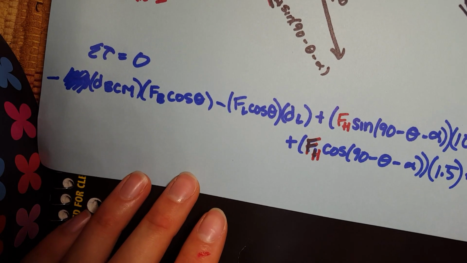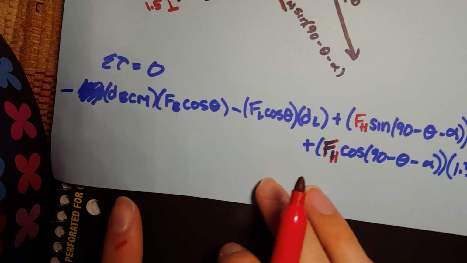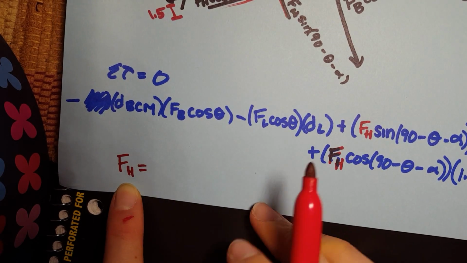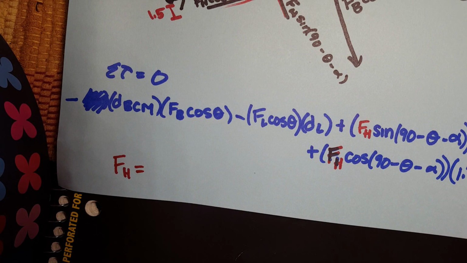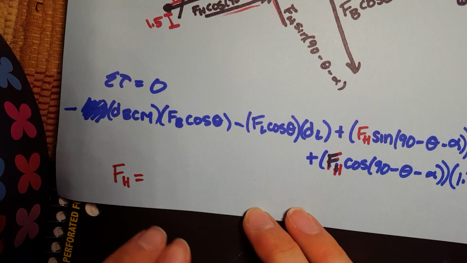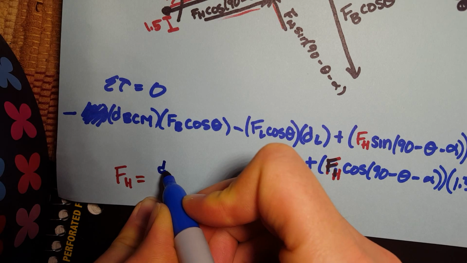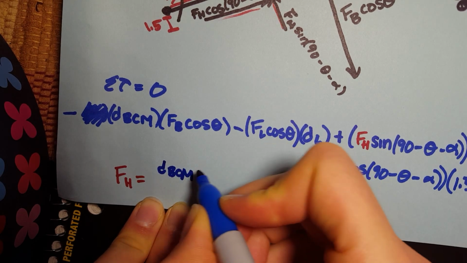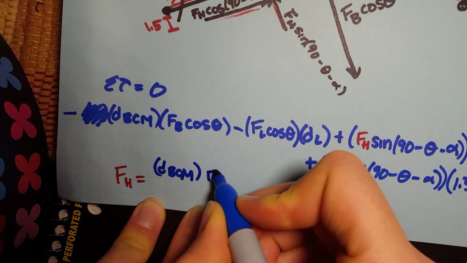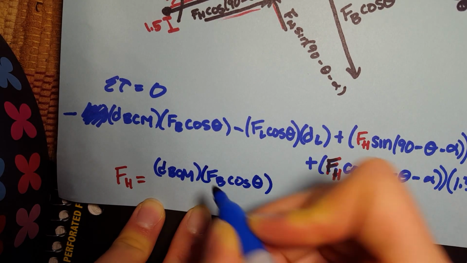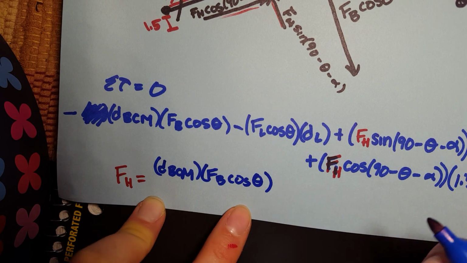So if we solve for our FH, it is going to end up equaling, okay, where did my blue Sharpie go? Okay, here it is. So FH equals dBCM times FB cosine of theta. Okay, and we have a plus.